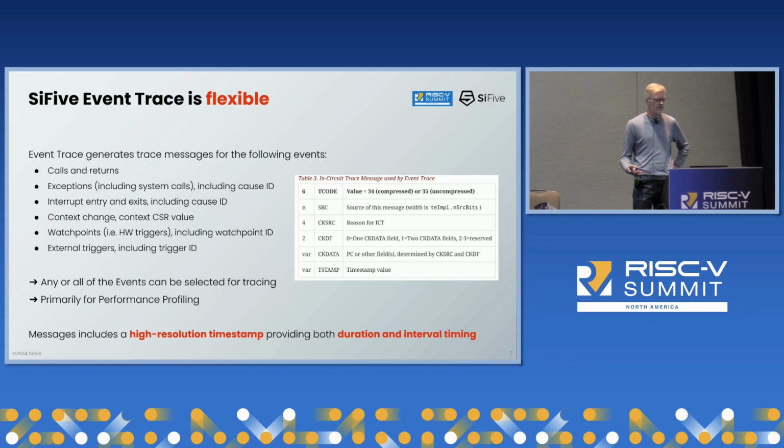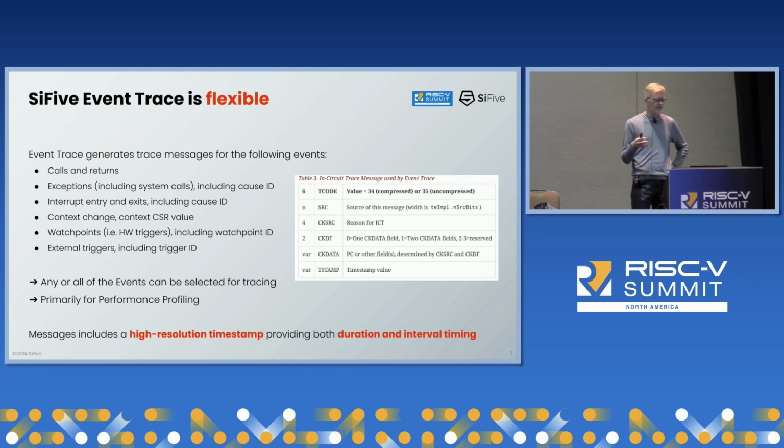What Event Trace does is add the possibility of adding trace messages into the trace stream for calls, returns for exceptions and interrupts, context changes, watch points, and external triggers. A little bit the same as you would get from instrumented code, but it is the hardware that actually collects this data, so it can generate messages into the trace stream with the program counter at that specific time where the interrupt or call took place, or the watch point you set.